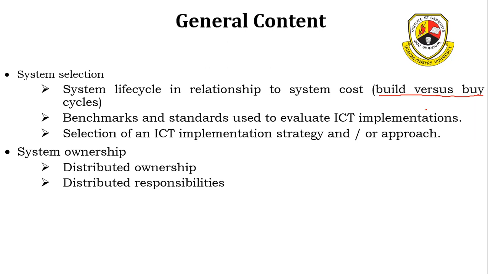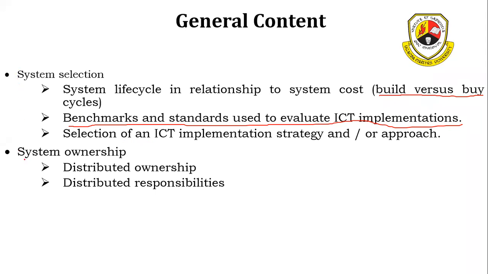What are the trade-offs that we're going to make if we buy or we build our own? All of those still fall in the system life cycle. We shall look at benchmarks and standards used to evaluate ICT implementations. Then we shall look at a selection of ICT implementation strategies or approaches. So that is regarding system selection.